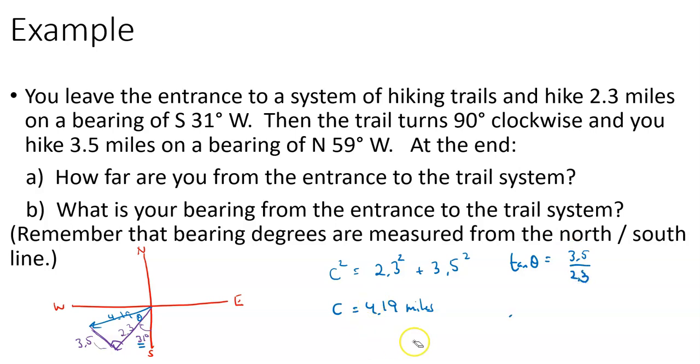If the tan of theta is 3.5 over 2.3, then theta is the inverse tan. So take the inverse tan of 3.5 over 2.3, and that'll give me an angle measure. So let's try it. Inverse tan 3.5 over 2.3, I get 56.7 degrees.